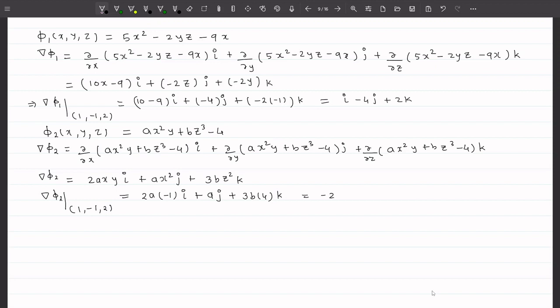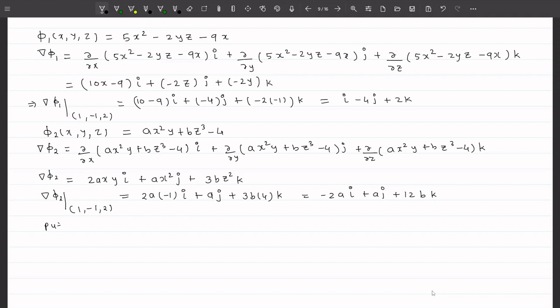So it is −2a i plus a j plus 12b k, right? So we got the gradient of phi 1 as i − 4j + 2k and gradient of phi 2 as −2a i + a j + 12b k, right?